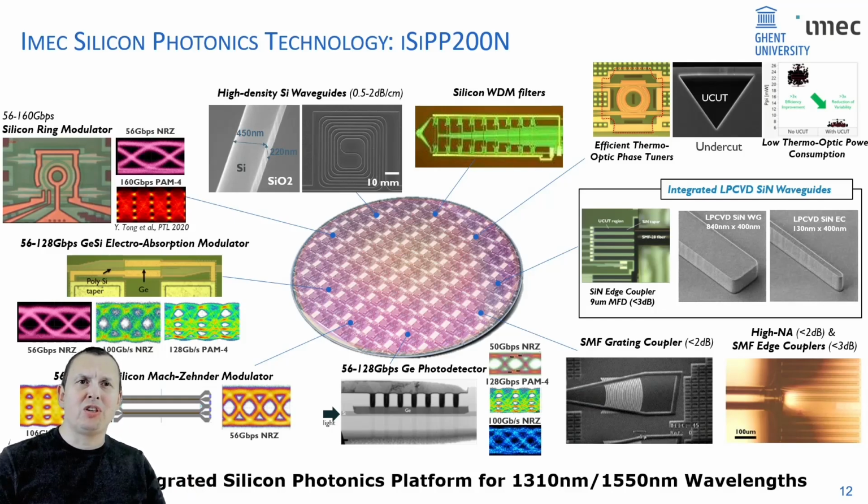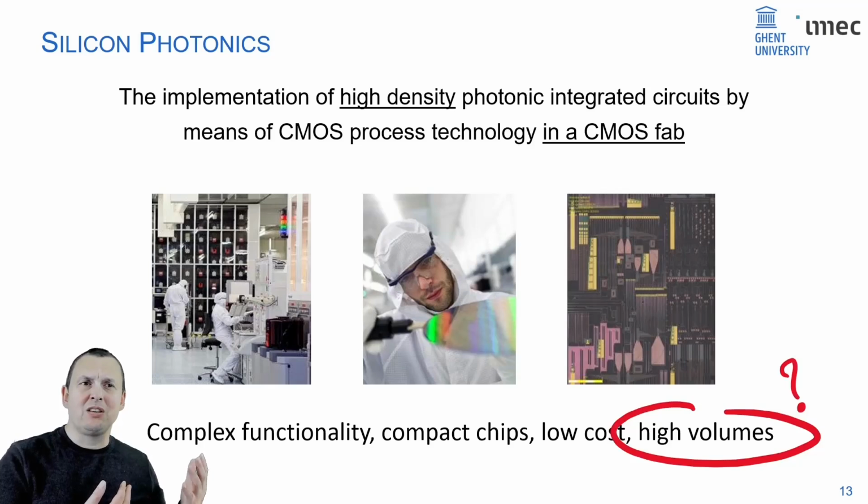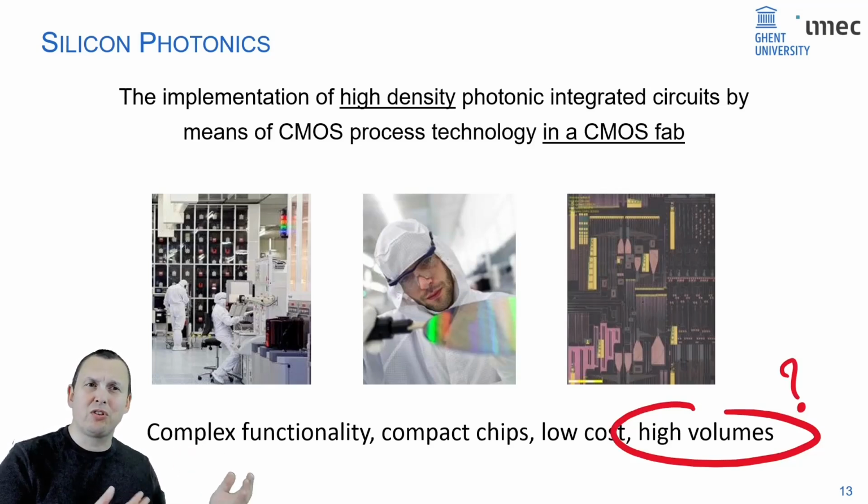Now, there's a question though. Even with a complete platform like that, can you actually scale this to high volumes? And this question is important because high volumes for photonics people mean something very different than for electronics people. The volumes for photonic components are quite small.